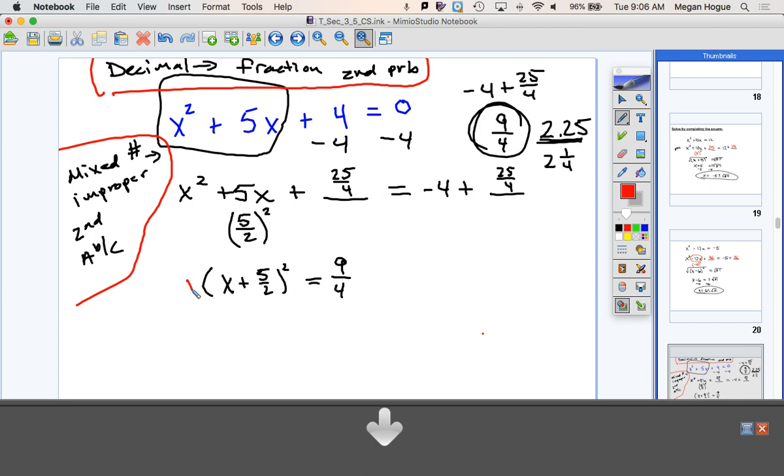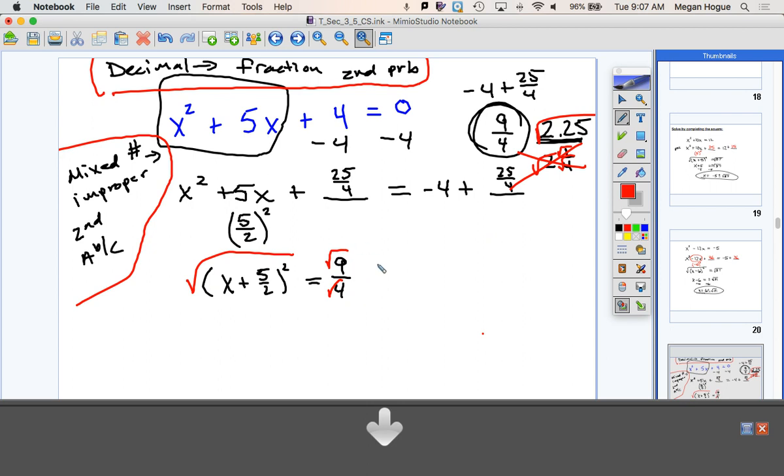Here's why that fraction is so important this way. When I take the square root of a fraction, we know this. If it's like this, I just take the square root of the top and the square root of the bottom. If I had a decimal, well, I have no way how to do that. If I have a mixed number, I can't just take the square root of each part. That is not how that works.